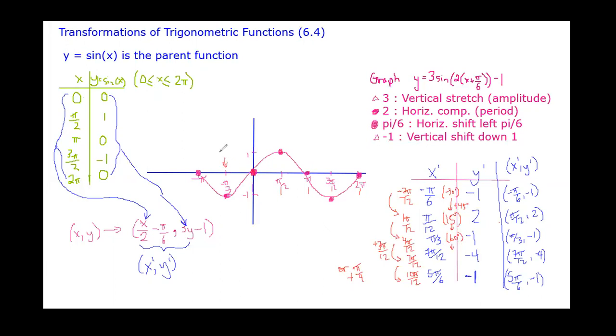So this, remember, is negative 90 degrees. So if we're looking to graph our first point at negative 30 degrees or negative pi by 6, that's probably somewhere right here, right? So that's probably negative pi by 6, and then that starts at negative 1. So that's our first point, okay? Hopefully everyone can understand that. Now we're going to go to positive pi by 12 or 15 degrees.